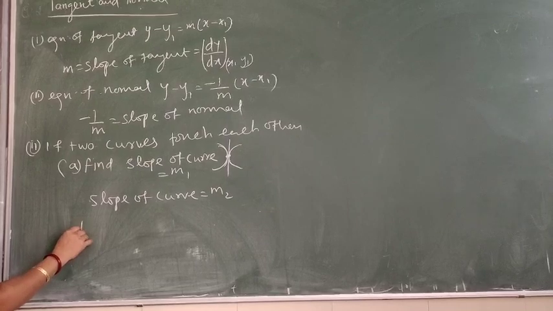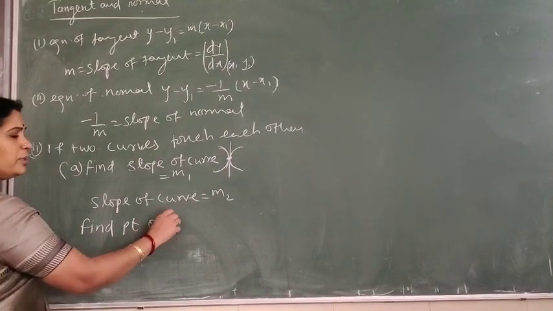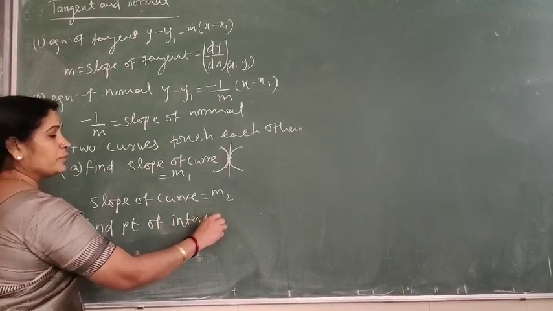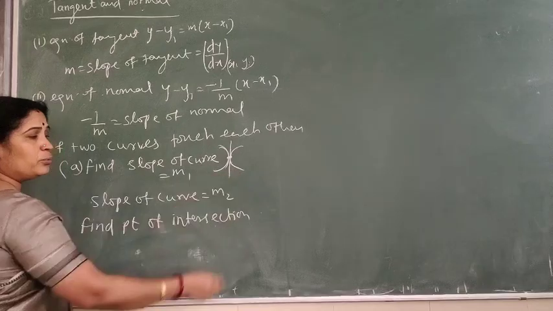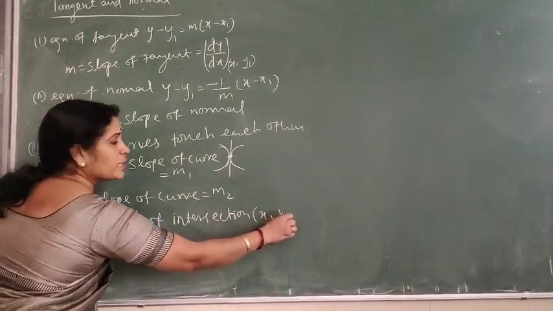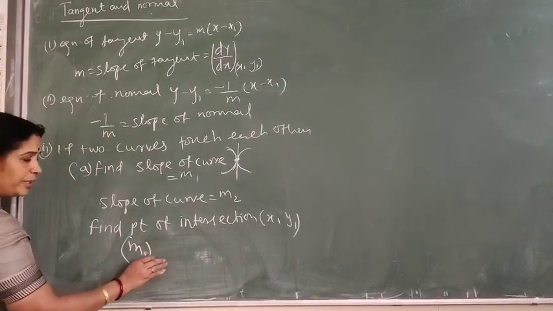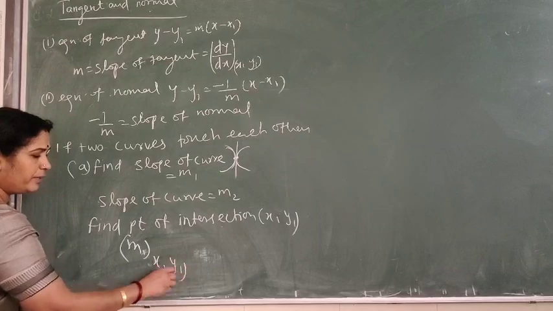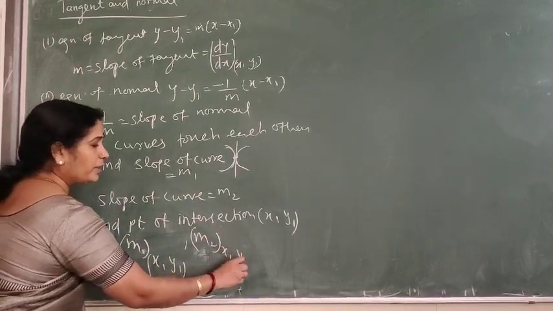So find the point of intersection, which means solve both curves, curve 1 and 2, so that you get the point of intersection. That is what we say x1, y1. Then find m1 at x1, y1, and m2 at x1, y1.